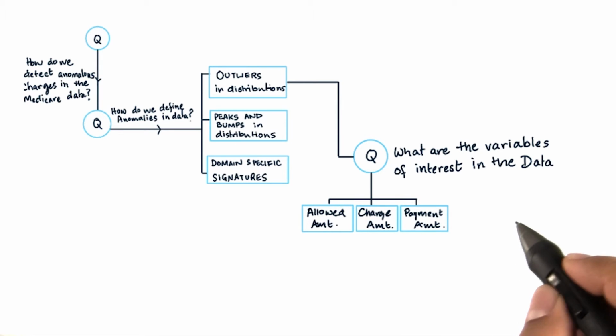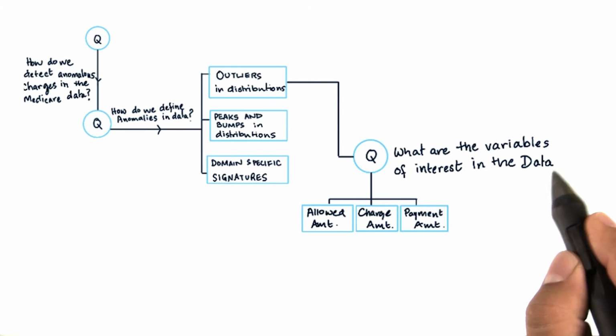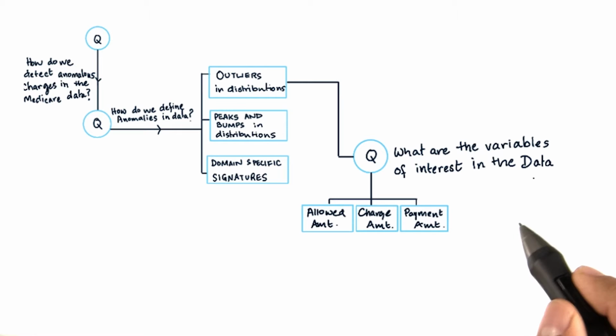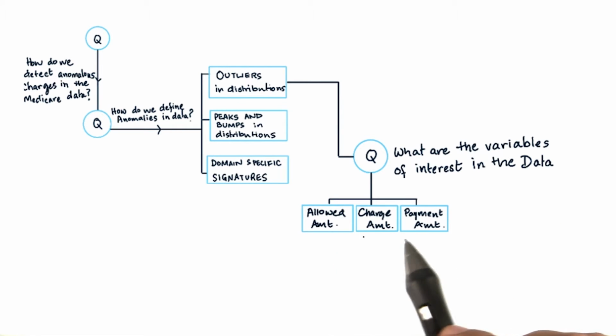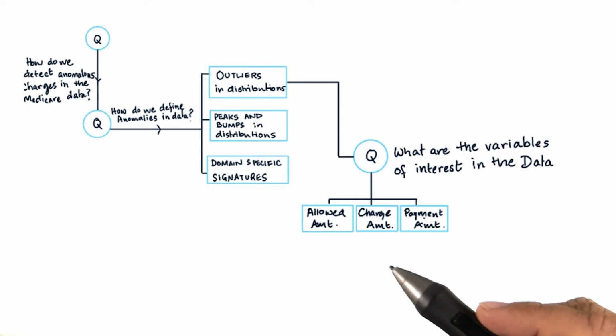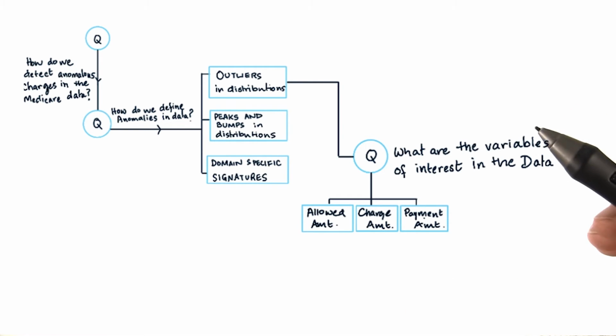So far, we have inspected the various variables of interest in the data. We have looked at the allowed amount, charged amount, and the payment amounts. Now we will ask the question of correlations.